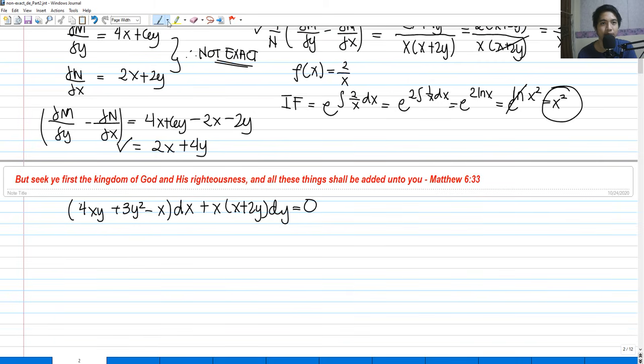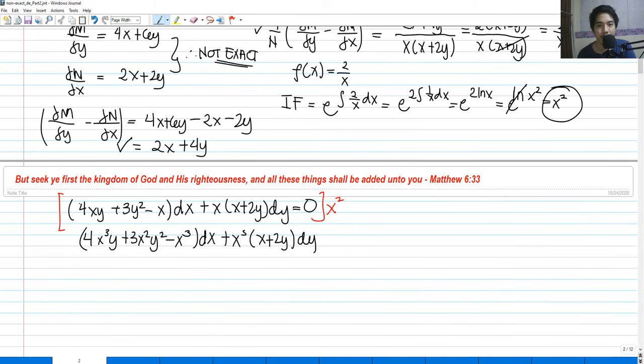So if I multiply x squared, we have 4x cubed y plus 3x squared y squared minus x cubed dx. Now, this is our new m in terms of x and y, plus we have x cubed multiplied by x plus 2y dy.